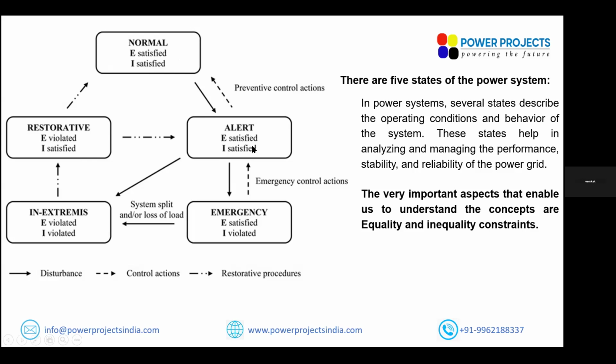But in alert, that is not there. So you don't have a backup. You are running in alert mode without any backup. That is why you call it alert mode.